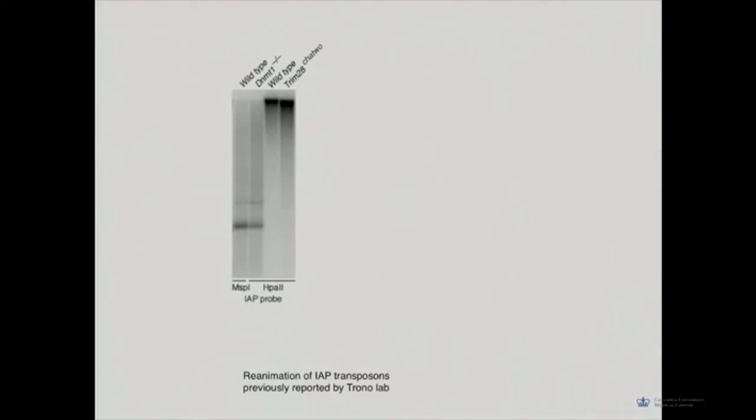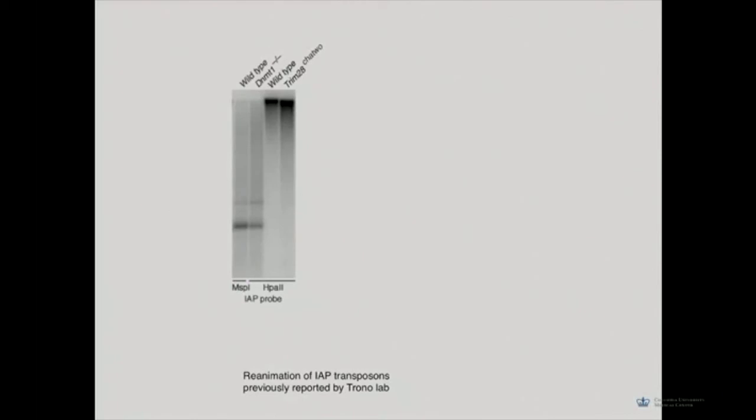And we had a partial loss of function allele of TRIM28 called Cha2, for reasons too involved to go into. But you'll notice that when we look at IAP DNA, it's resistant to methylation-sensitive restriction endonucleases, both in the wild type and the TRIM28 mutant, whereas in the DNMT1 mutant, it's very sensitive to this methylation-sensitive restriction enzyme.